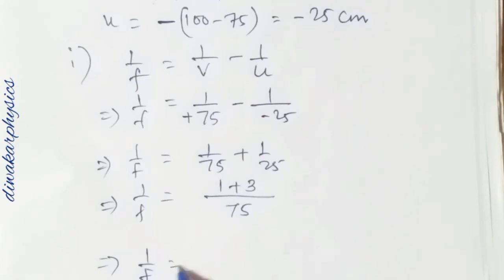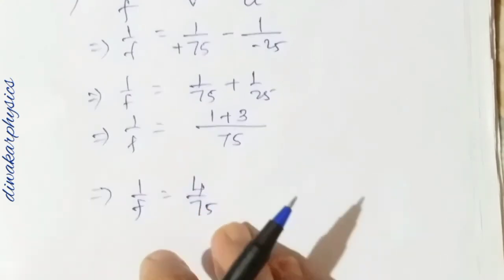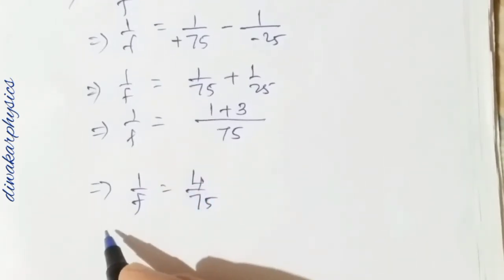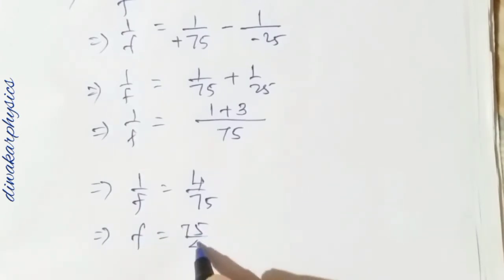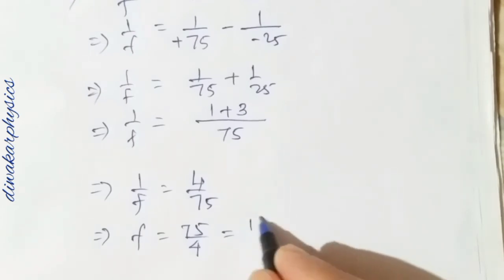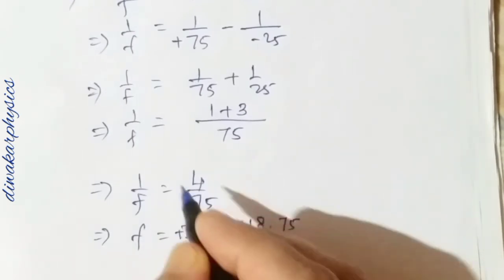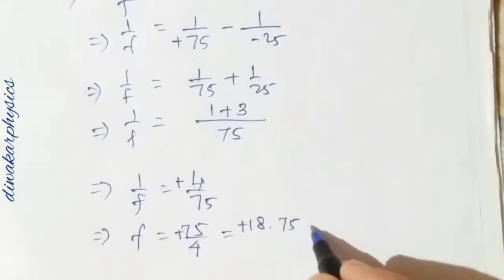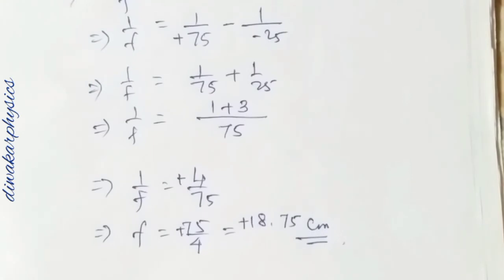So 1 by f is equal to 4 by 75. Then do you divide 4 by 75? No. What you will do is take the reciprocal: f is equal to 75 by 4, and that is 18.75. Plus is coming because it's a convex lens. So this is the answer for the focal length.